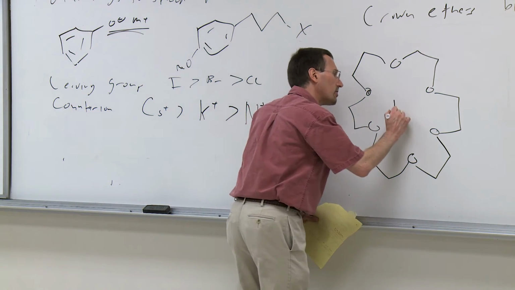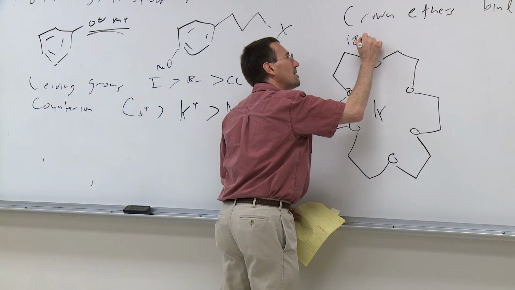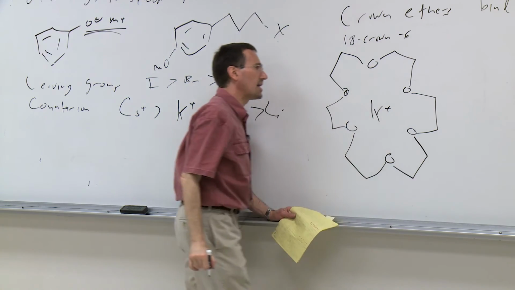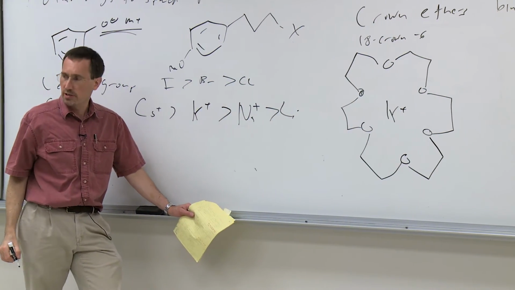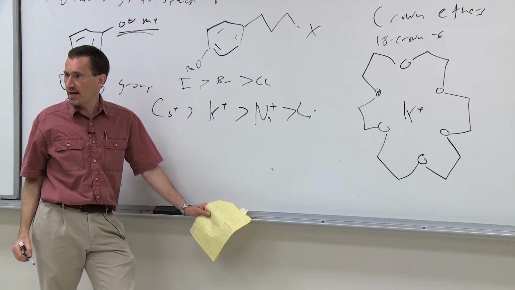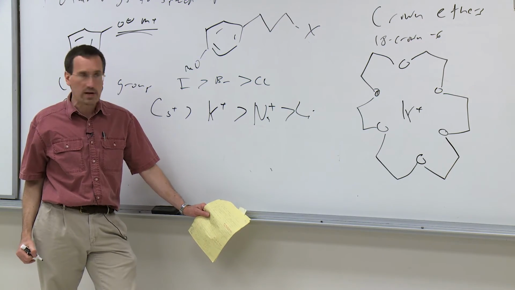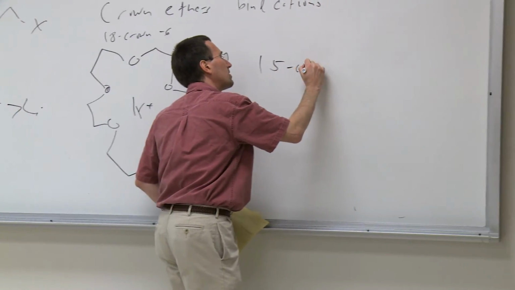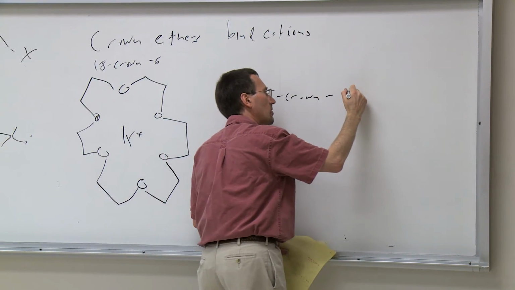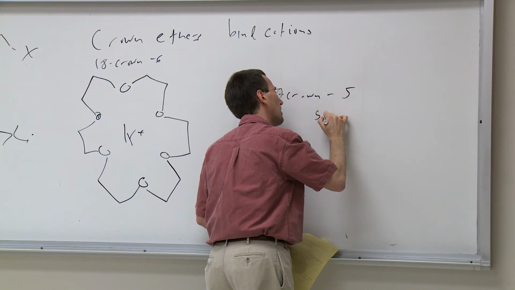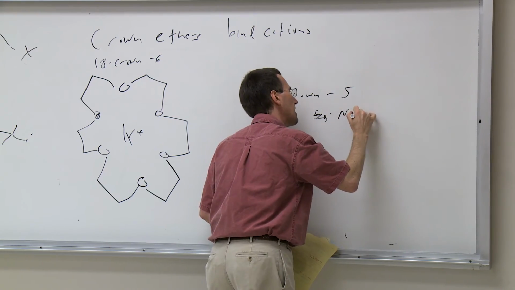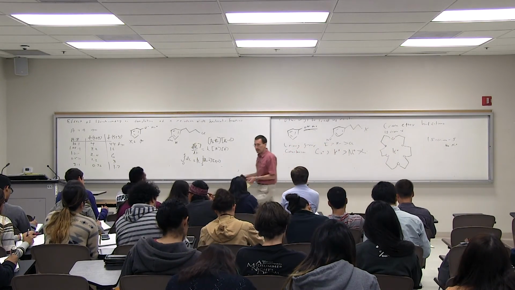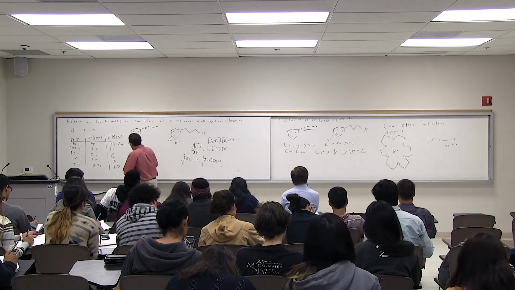This one's called 18-crown-6, reflecting the 18 atoms and the 6 oxygens, and it is very good at coordinating potassium and giving you a more naked anion. 15-crown-5 is good for sodium, Na+. So crown ethers are sometimes used as additives in reactions.